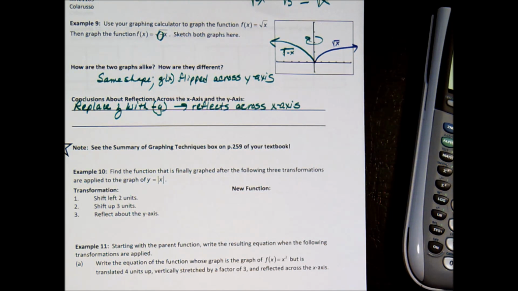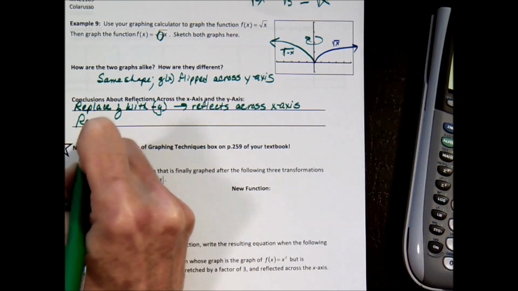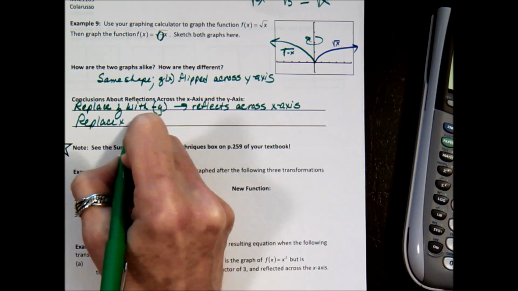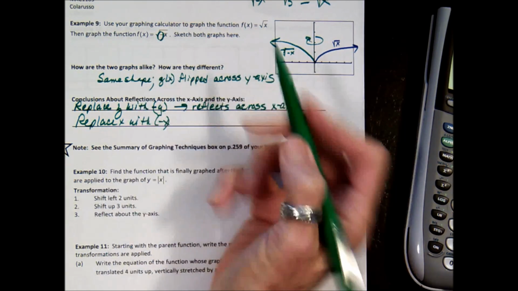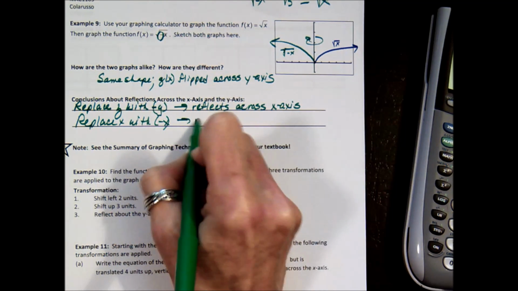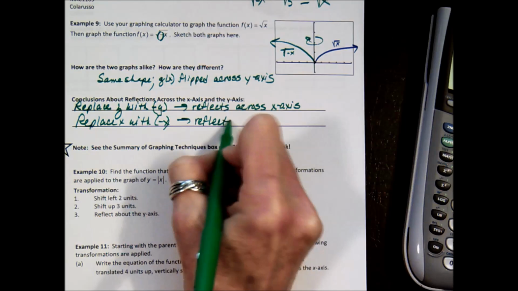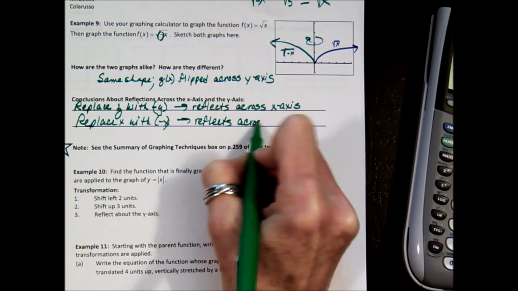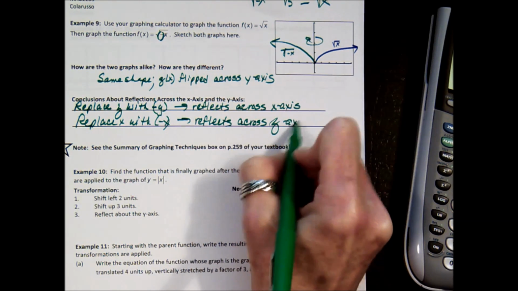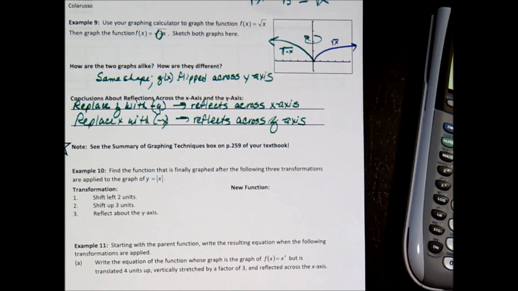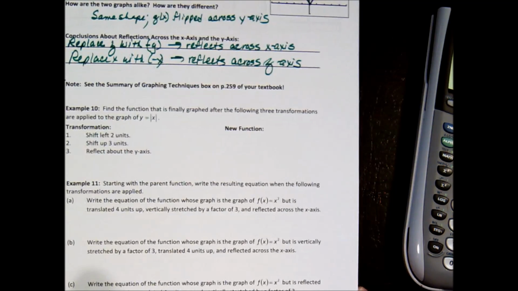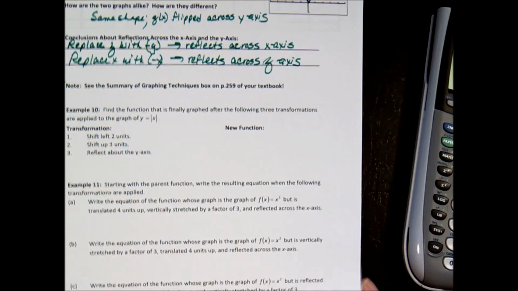When you replace x with negative x, like we did here inside of the function, that reflects across the y-axis. And again, we already knew that because we did that with symmetry. If you want to look at a summary of graphing techniques, you can look on page 259 of your textbook.